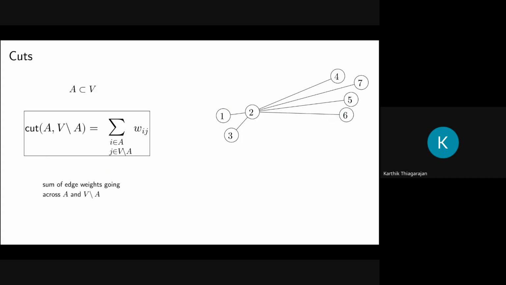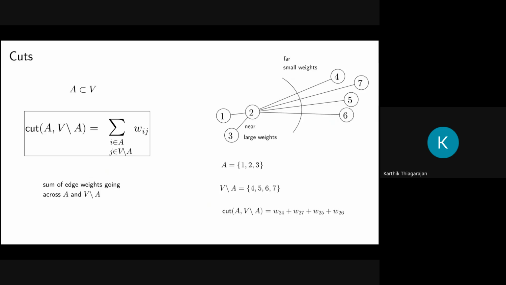Then you can ask the same set of questions based on this graph. So these are largely two classes of problems that you can expect in spectral clustering. So that is the cut. The farther apart the points are, the smaller the weight, so you essentially want to minimize the cut.